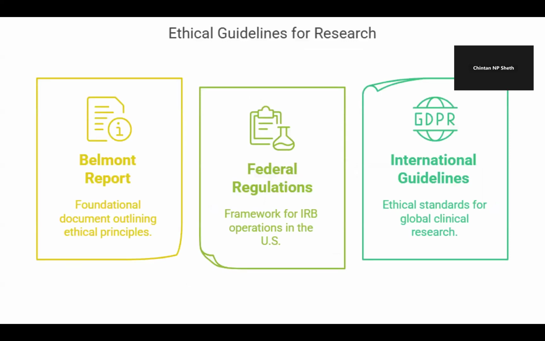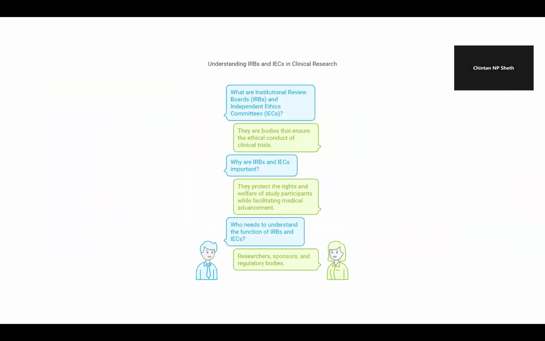Now, what governs IRB or IEC? They generally operate on the Belmont Report, a foundational document outlining the ethical principles; federal regulations, which provide the framework for IRB operations in the US; and international guidelines, which provide the ethical standards for global clinical research.